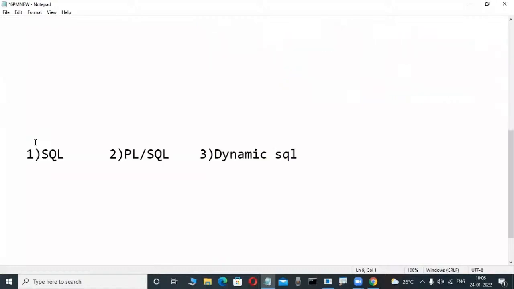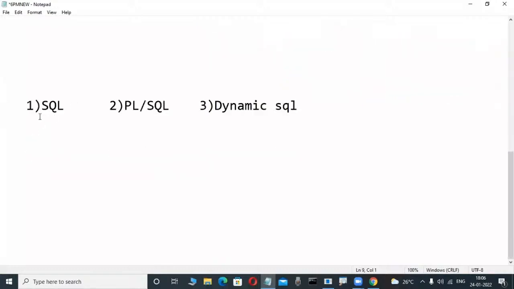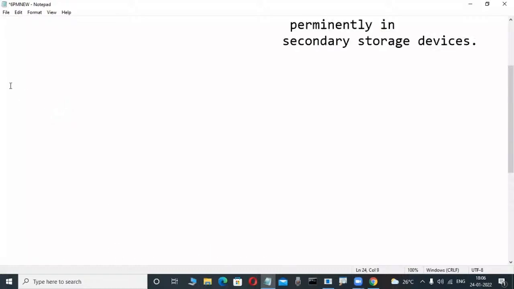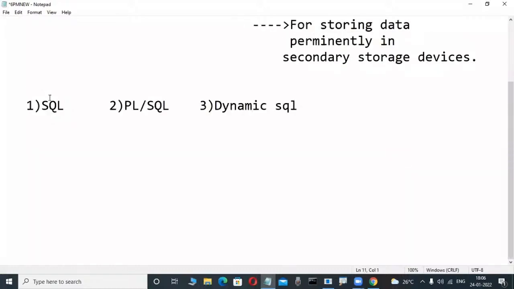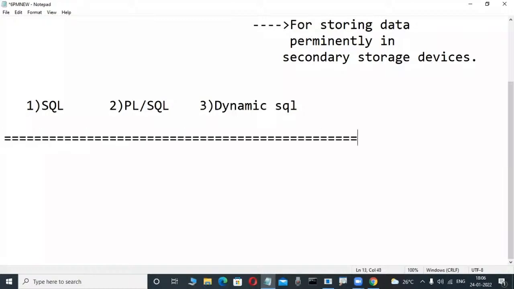For operating these products we use SQL. But for the Oracle database product, we use three languages: one is SQL, another is PL/SQL, another is dynamic SQL. Up to this, we learned in the previous classes.